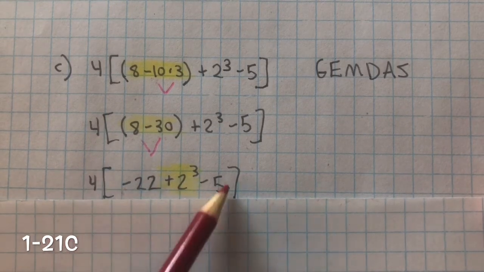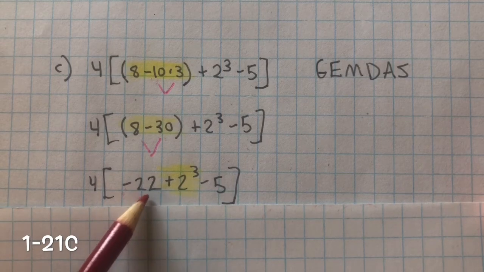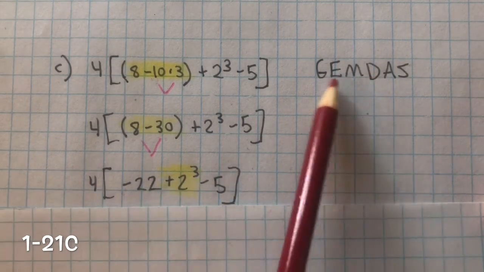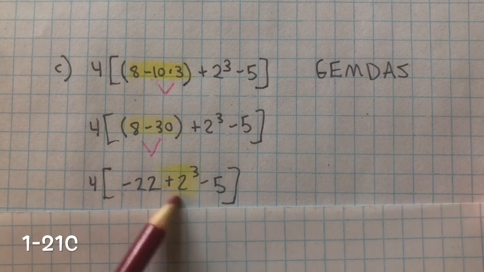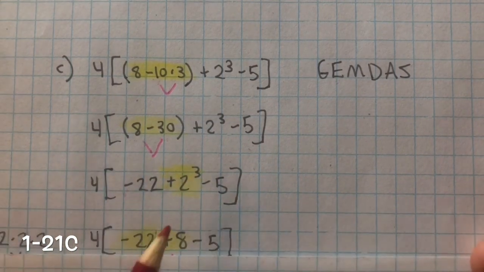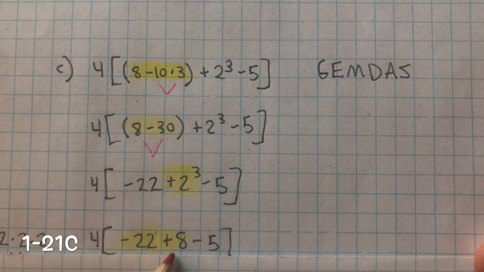Now inside these brackets, we have to still follow order of operations, which we go back and we have exponents. So 2 to the third power. 2 to the third power equals 8. Remember, 2 to the third power is 2 multiplied by 2 multiplied by 2, which gives us 8.